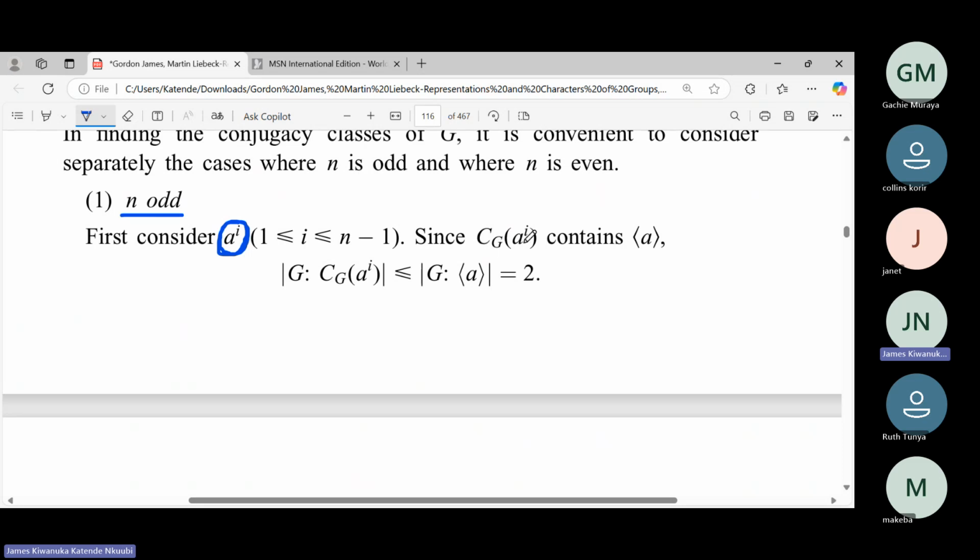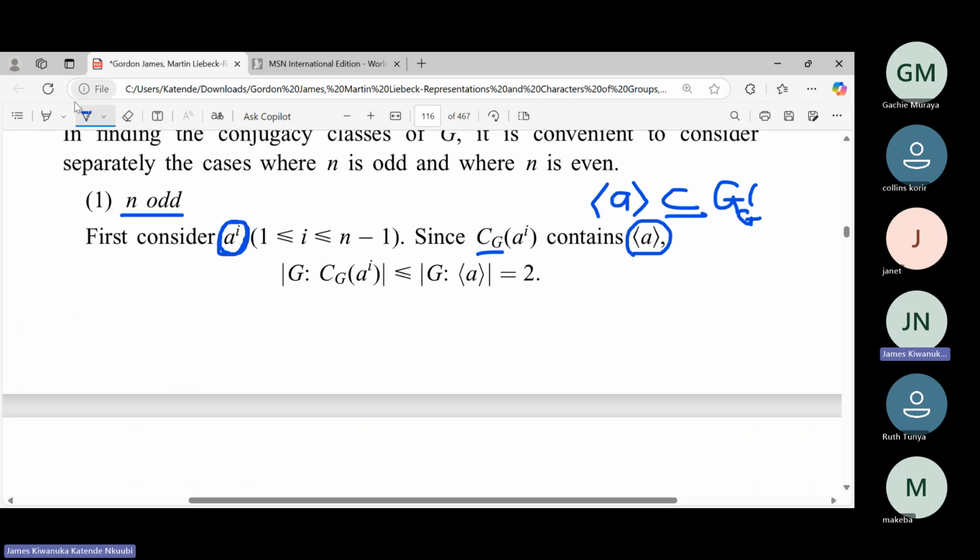Now we know that the centralizer of this element will contain the cyclic subgroup generated by A. These are both subgroups, the centralizer is a subgroup, so is the cyclic subgroup generated by A, but this subgroup may be smaller than this one. They could be equal, but might also be smaller, possibly.